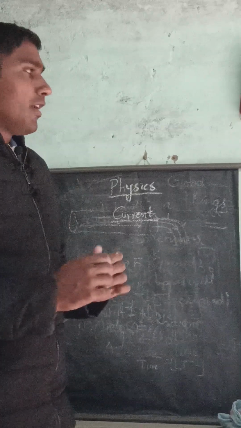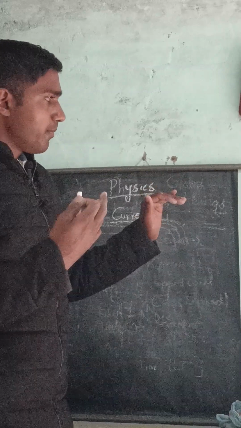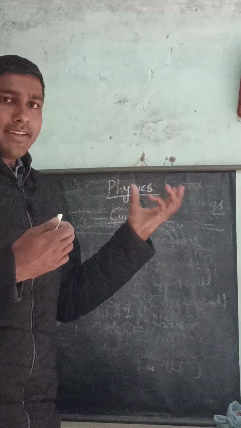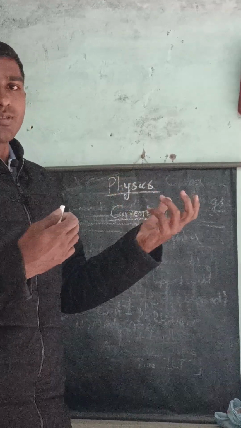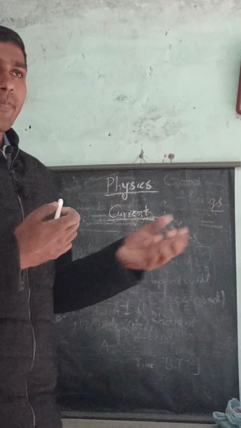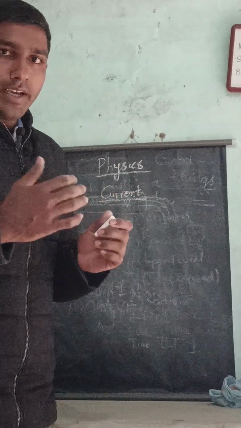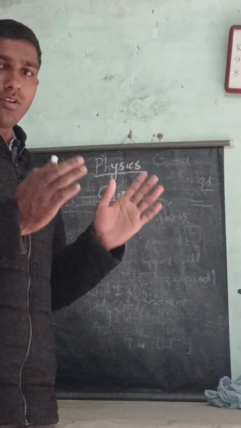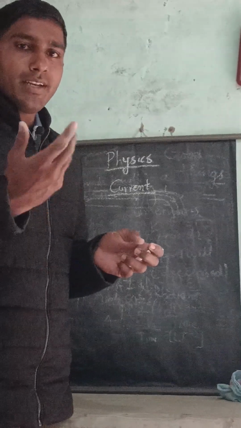So when we switch on the plug, a direction is given to the electrons and they start flowing there. Basically, in wires electrons are present. In the absence of current, they are randomly oriented.